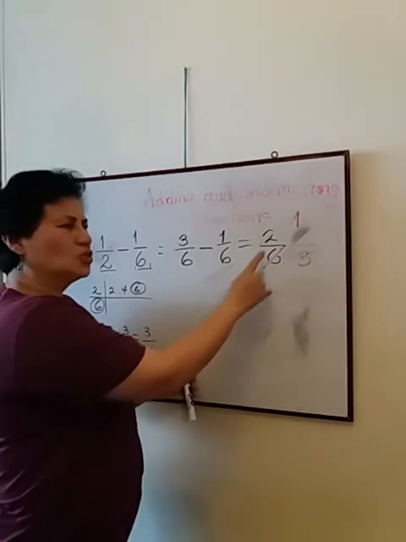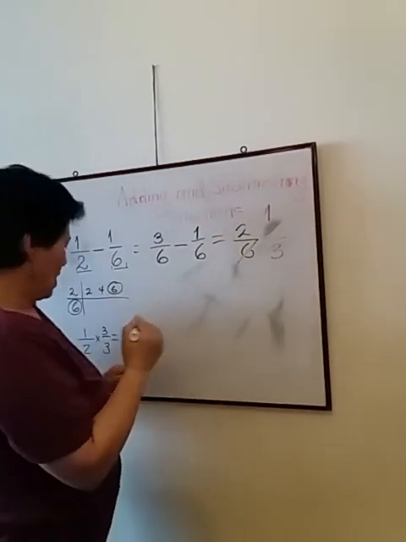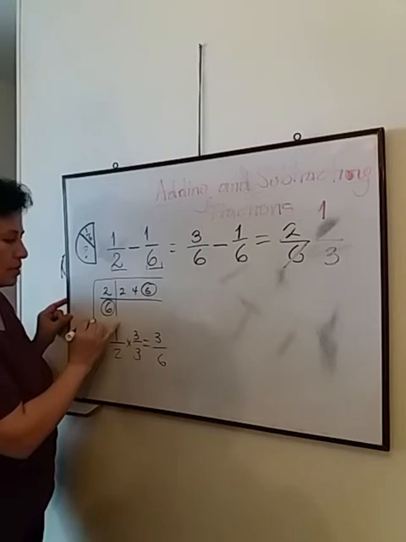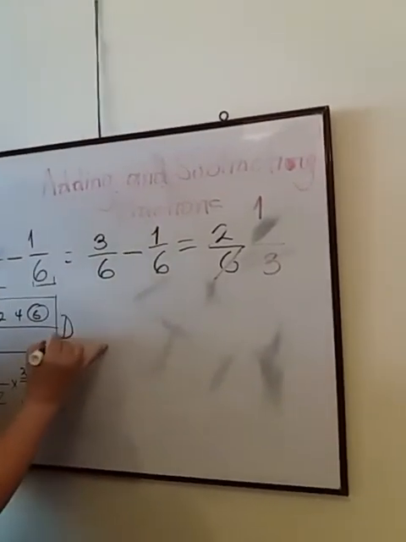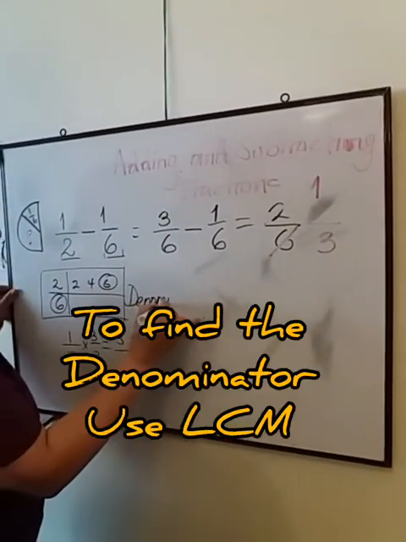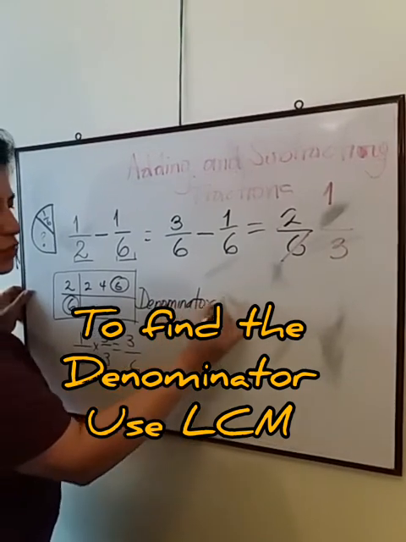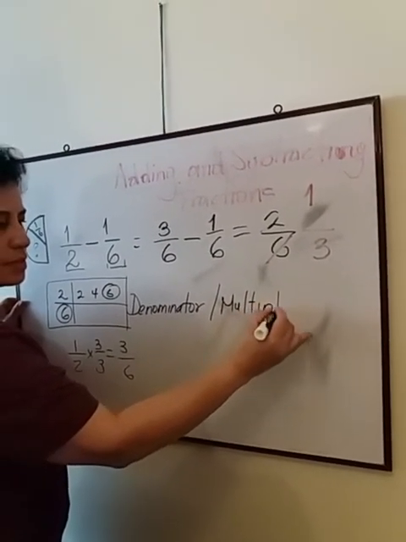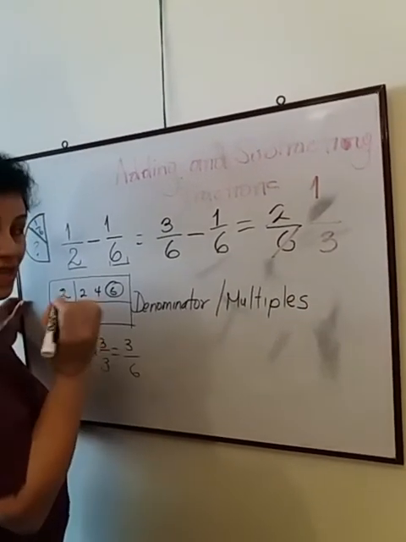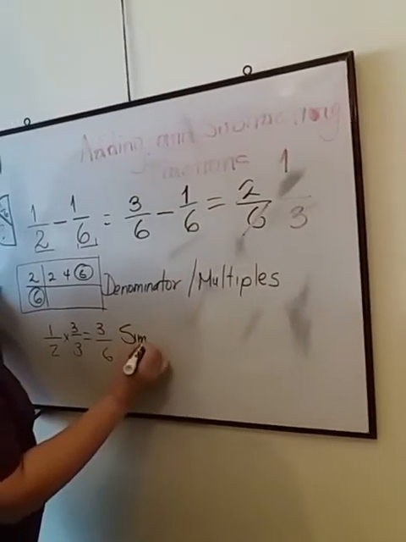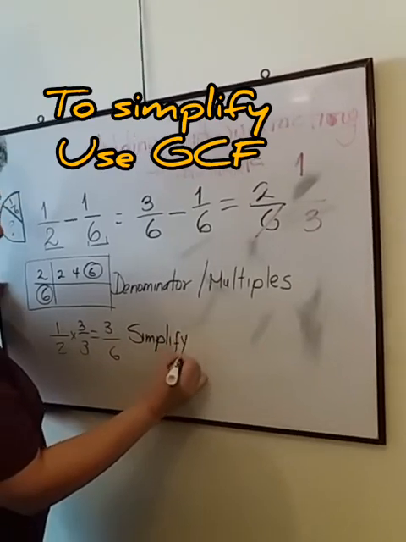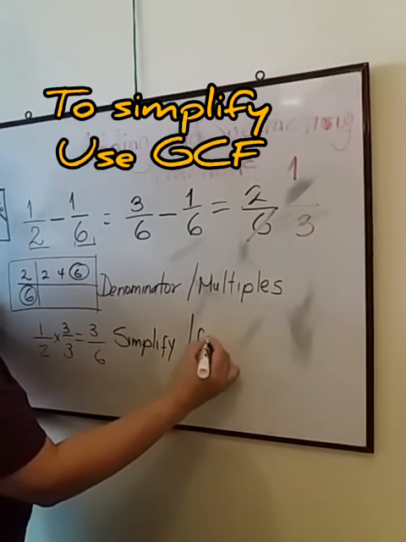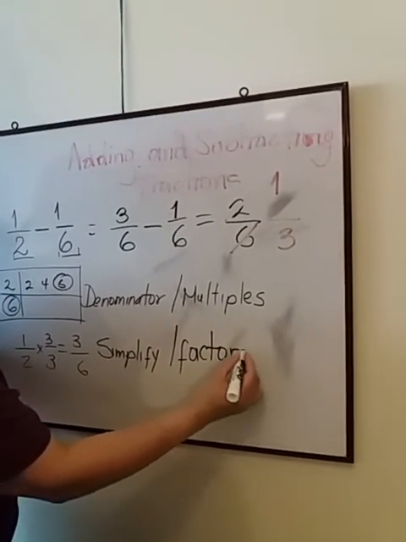So what do I do here? In order to find the denominator, I use multiples. To simplify, I use factors.